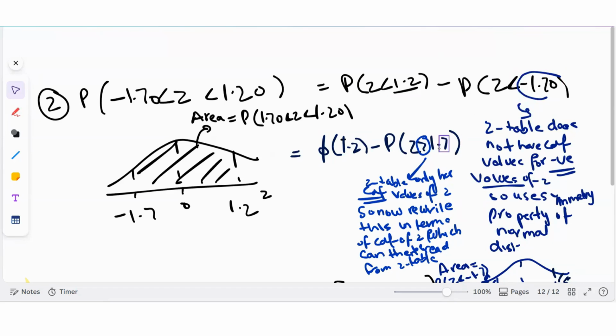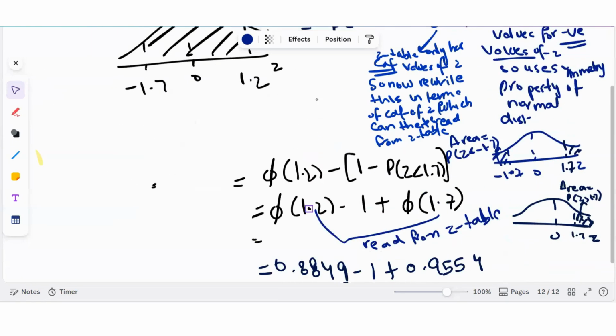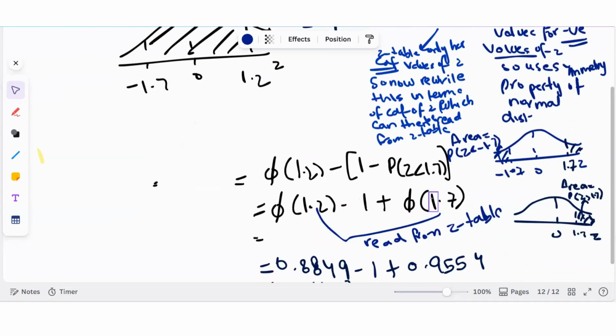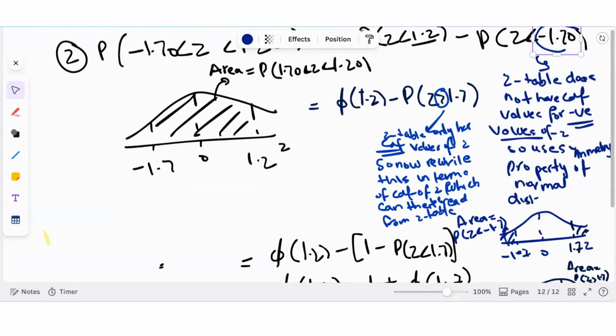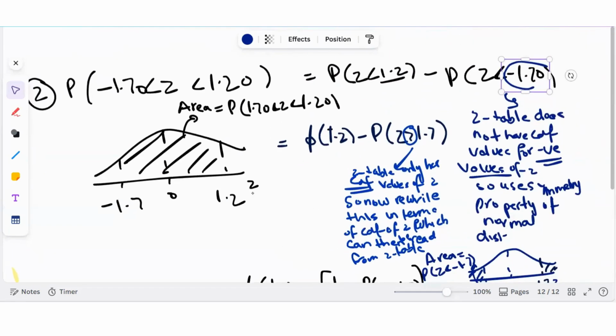Once you only have positive values of Z, if any probability is not in the form of the CDF of Z, you rewrite it in terms of the CDF of Z. Since that was not the case here, we wrote it in terms of the CDF using the complement. Once both are in terms of the CDF of positive values of Z, you read them from the Z table. Again, we do all of this because the Z table we're using only has CDF values for positive values.